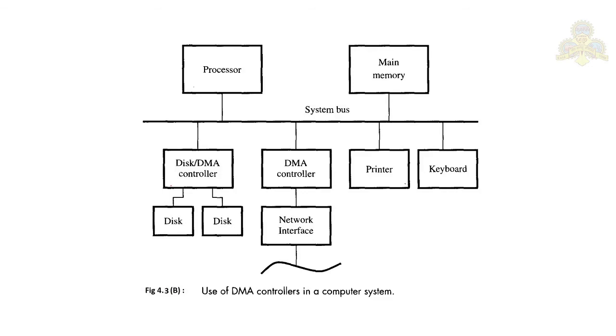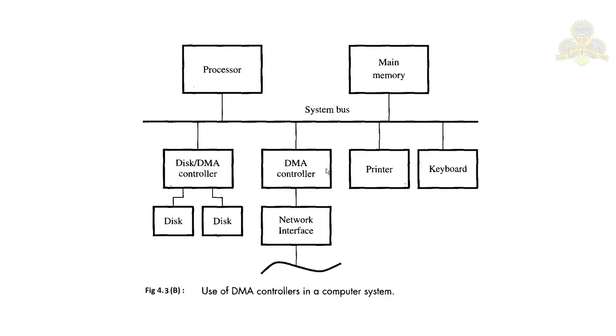Here a conflict may arise if both your processor and the DMA controller, or two DMA controllers, try to use the bus at the same time to access the memory. That is a problem.